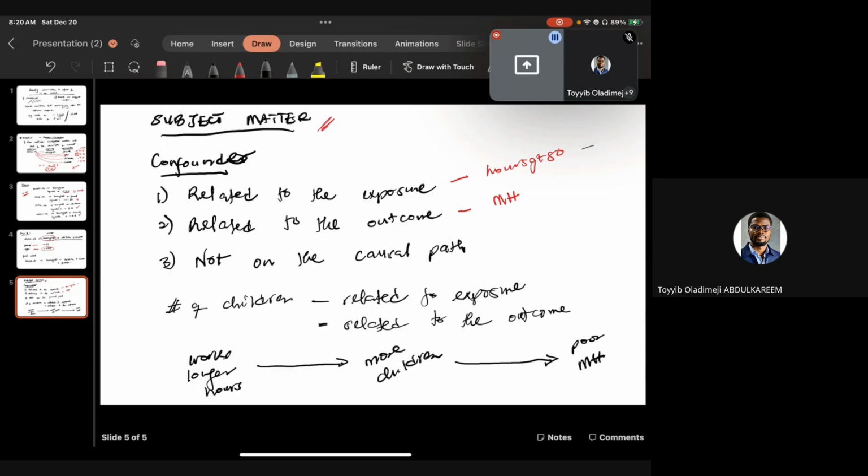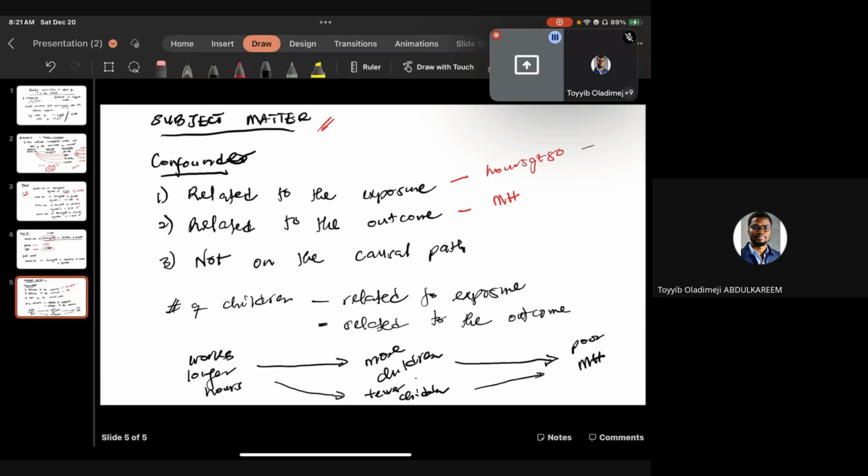Or the reverse: a person who works longer hours will have fewer children and then have poor mental health?